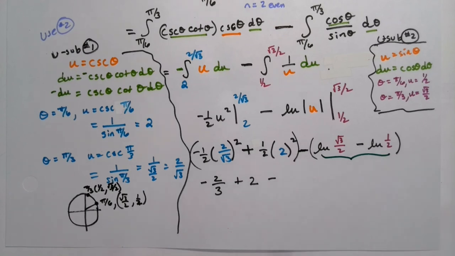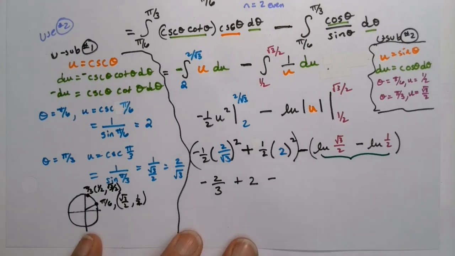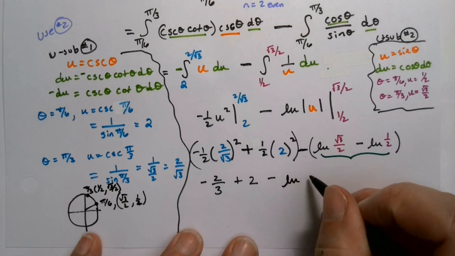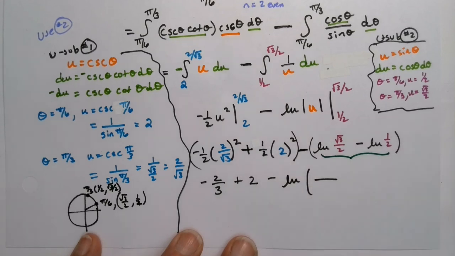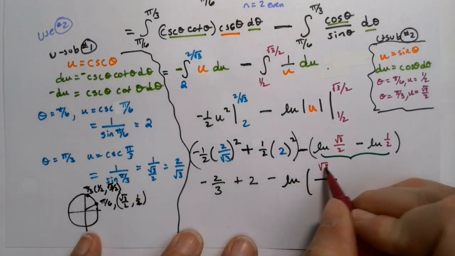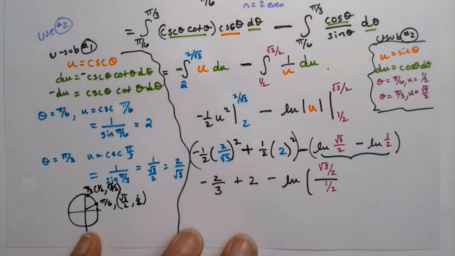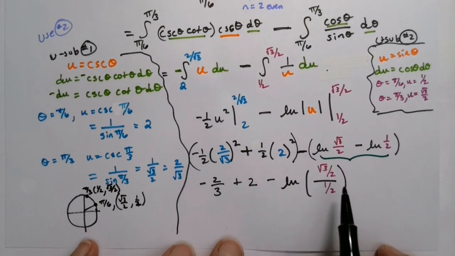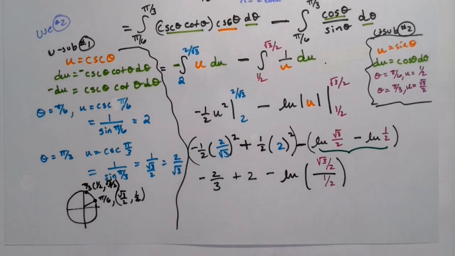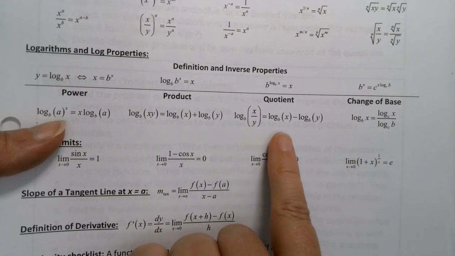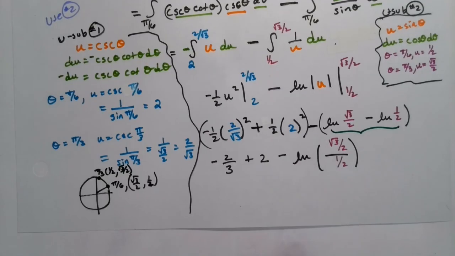So this is the natural log of the square root of 3 over 2 over 1/2, right? Subtraction turns into division with logarithms. The quotient property for logarithms right there.